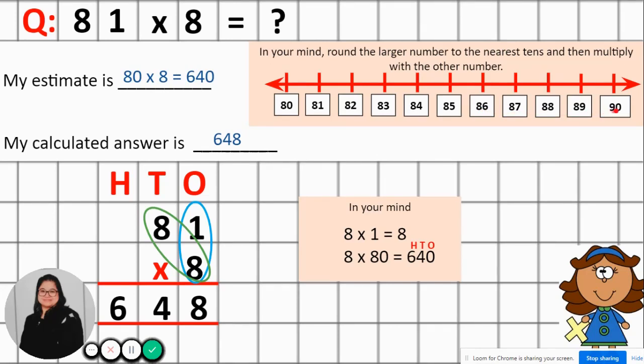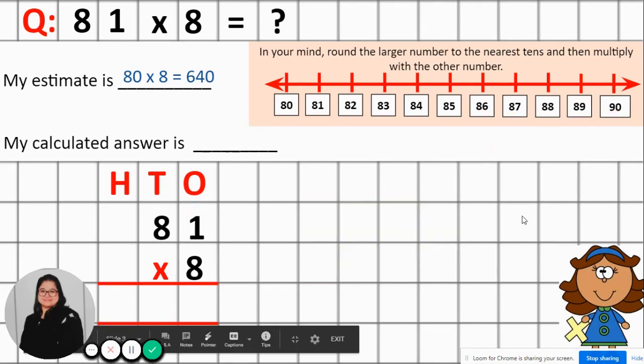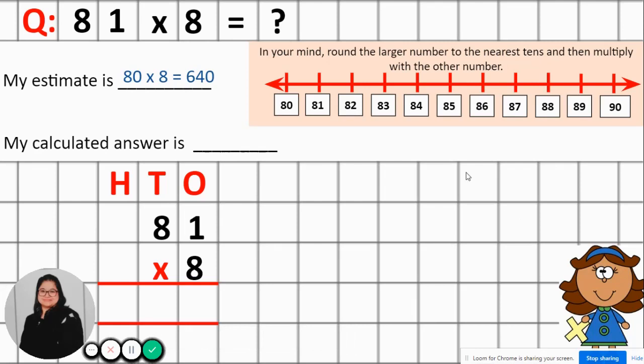So I will round it off to 90. What if my number was 85? I would round it as 80 or 90. I would round it as 90. So 85 onwards, I would round it to 90. And up till 84, it would be rounded as 80.